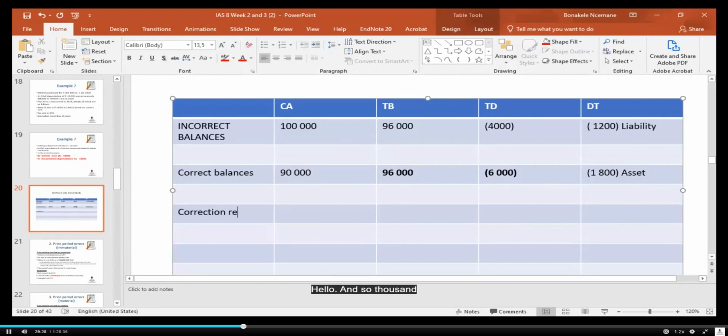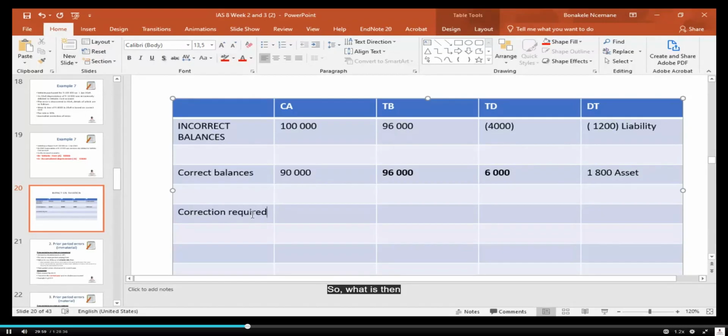The 6,000 was not supposed to be in brackets. Oh, no, that is 100% true, sorry, because it is an asset, right? Now, this is the correction required.